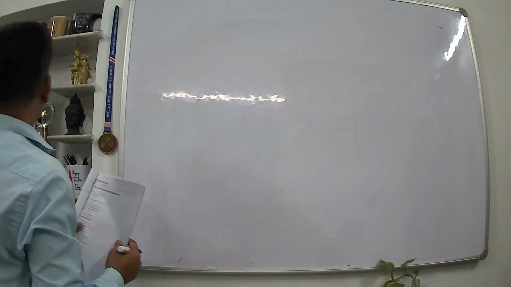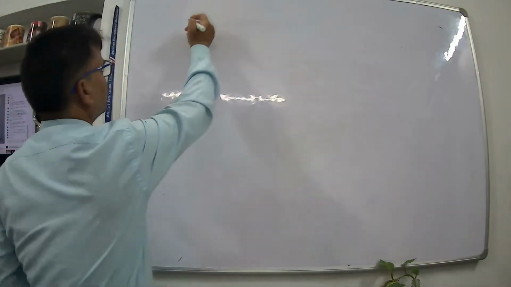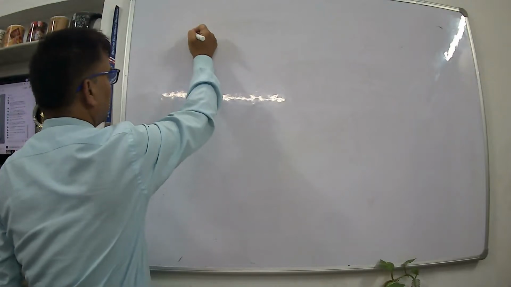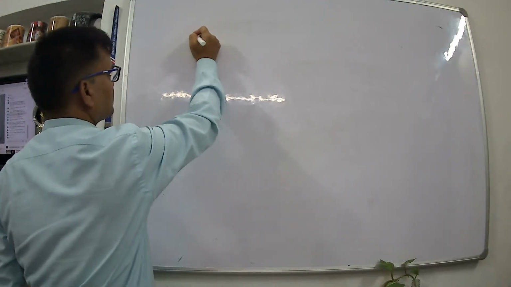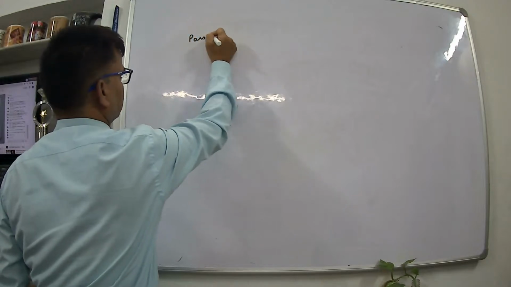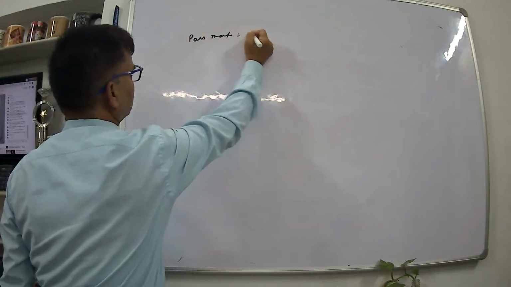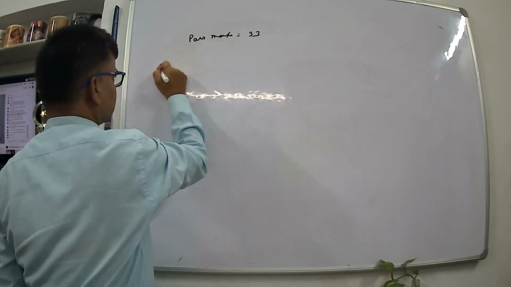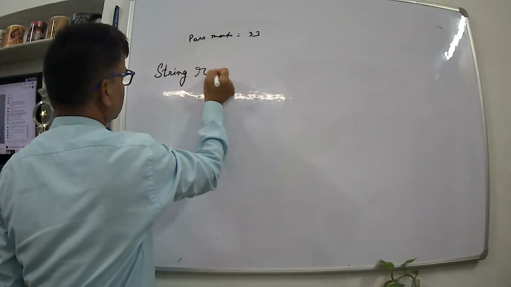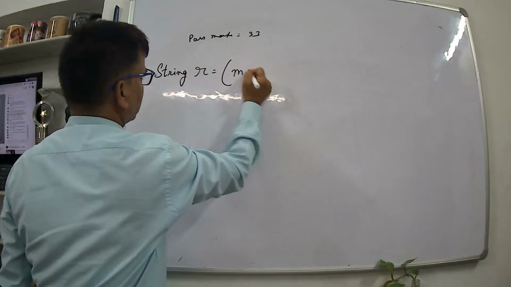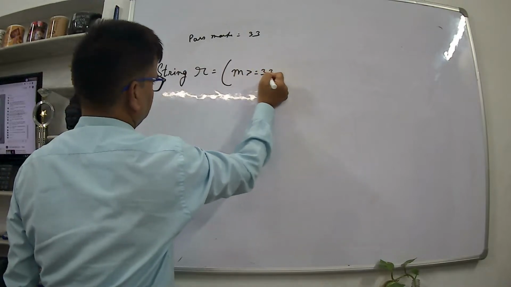Okay, how to write statements in ternary operator. For example, if I say I have to declare pass or fail. Pass marks equal to 33. The result will come in string. So string r is equal to m greater than equal to 33.